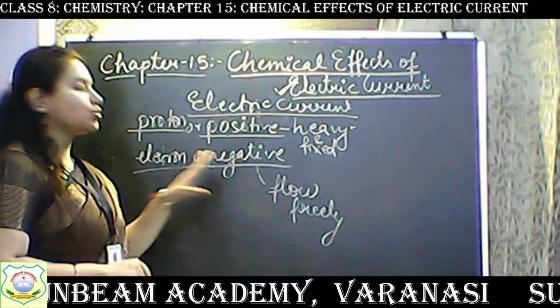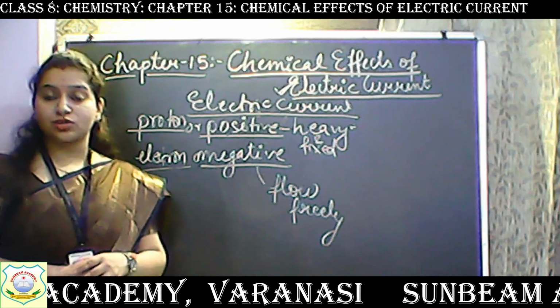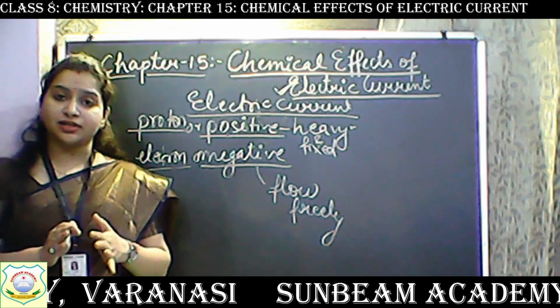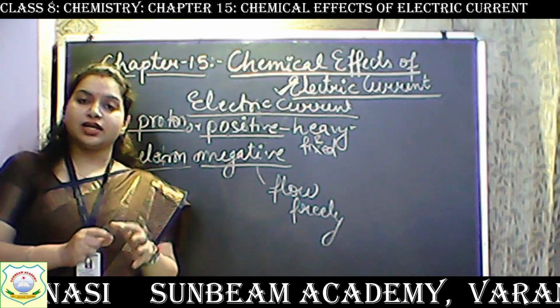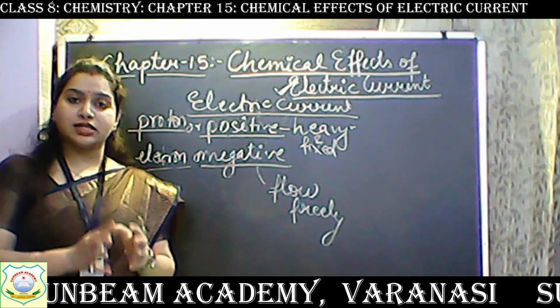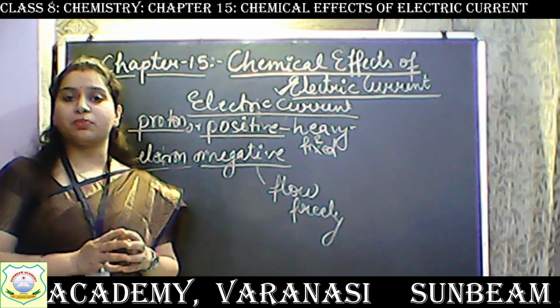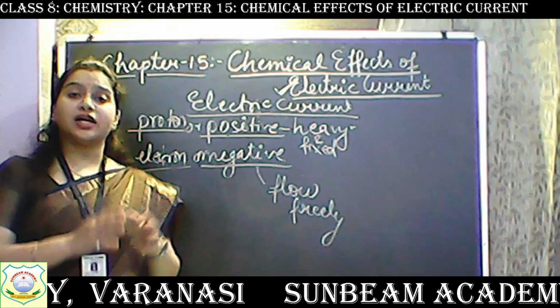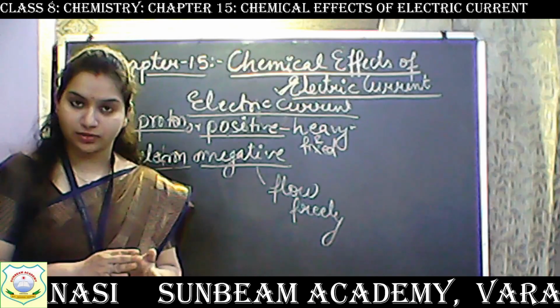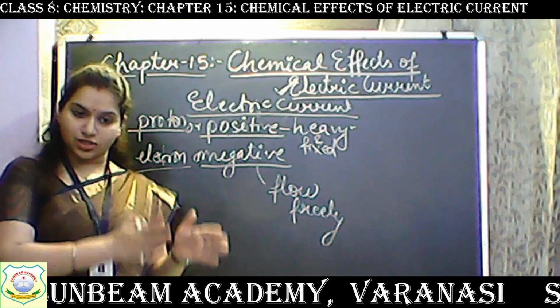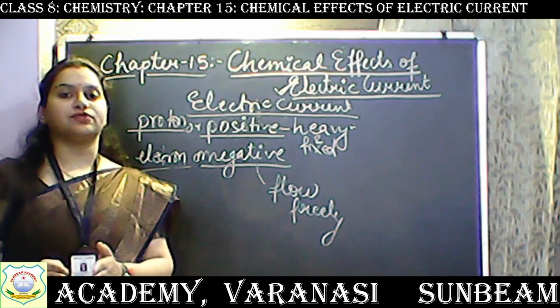Okay, so there are two charges, and for any atom to be neutral, or to sustain its stability, it is very important to have equal positive charge and equal negative charge.